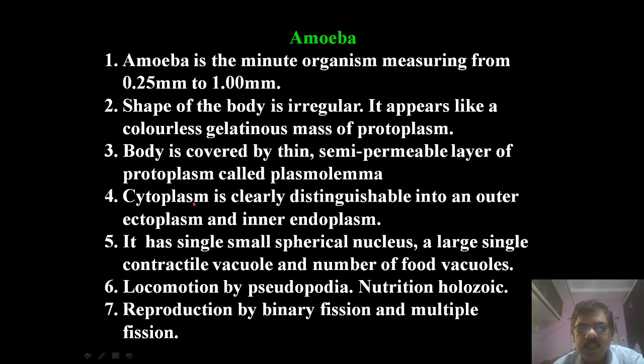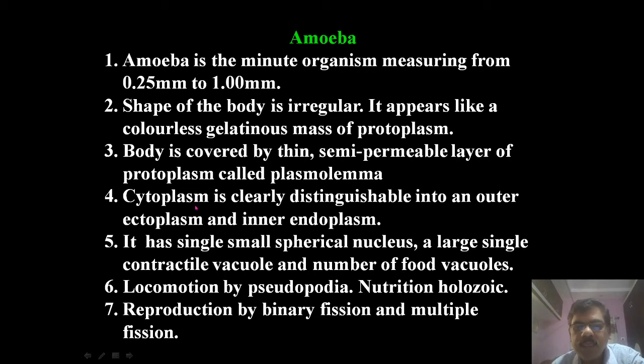These characteristics you write on the writing page. The Amoeba is a minute organism measuring from 0.25 millimeter to 1.02 mm. The shape of the body is irregular. It appears like a colorless gelatinous mass of protoplasm. The body is covered by a thin semi-permeable layer of protoplasm, which we call the plasma lemma.